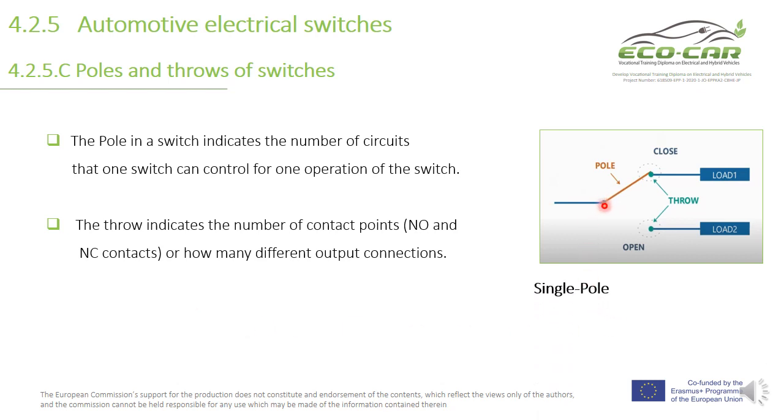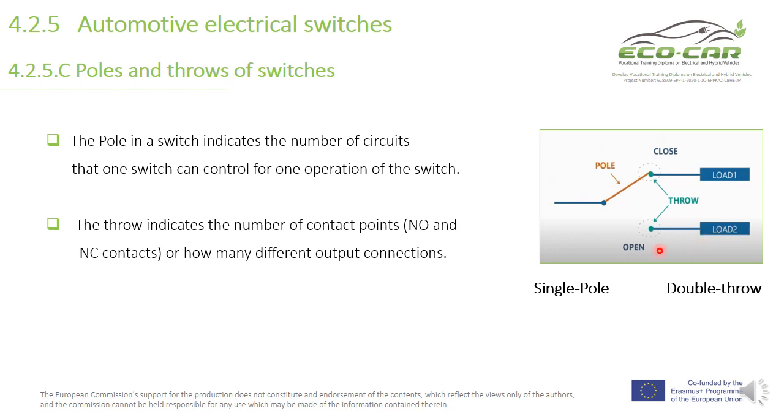As we see here in this example, we have a single pole and double throw. So this is a throw, and this is a throw. This throw is for this circuit to operate load 1, and this throw in this circuit to operate load number 2.